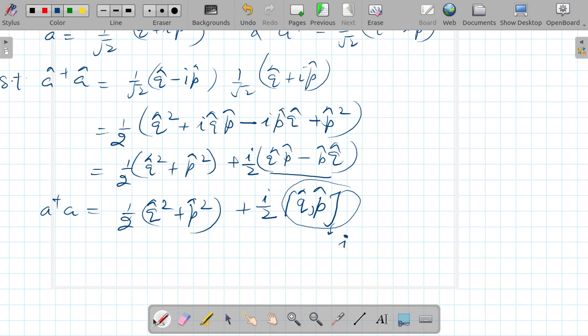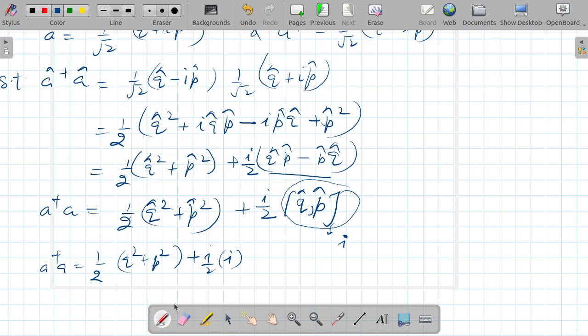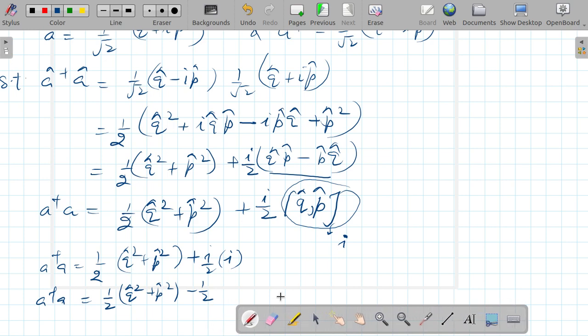If its value is iota, then A dagger A will be equal to 1 by 2 (Q square plus P square) plus iota by 2 into iota. That means A dagger A can be written as 1 by 2 (Q square plus P square) minus 1 by 2, right? So this is one relationship which I am getting.